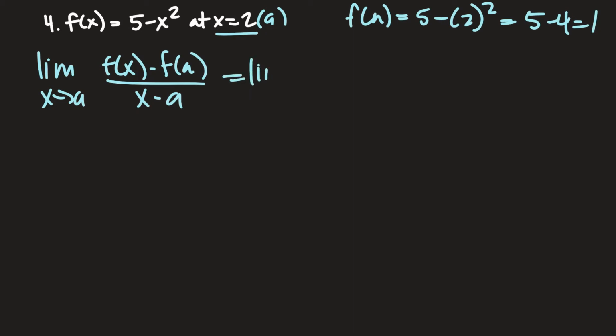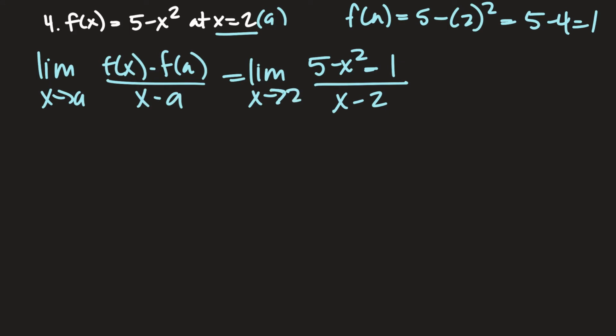So I can plug into my formula the limit as x approaches a of f of x, which is 5 minus x squared, minus my f of a, which I found to be 1, all over x minus 2. And this was supposed to sub in there, sorry, 2.